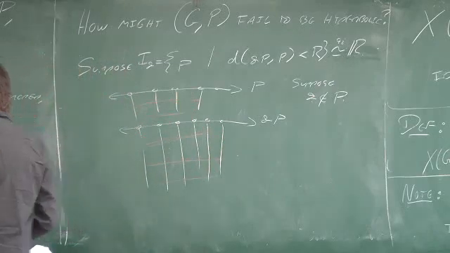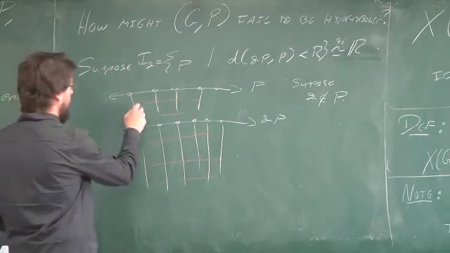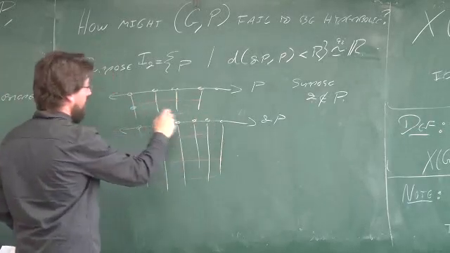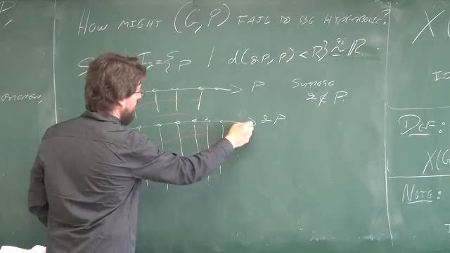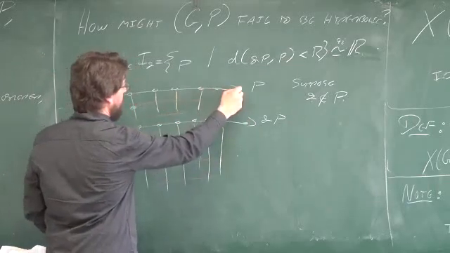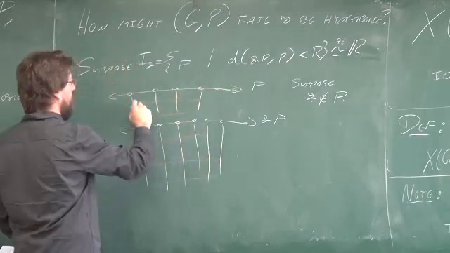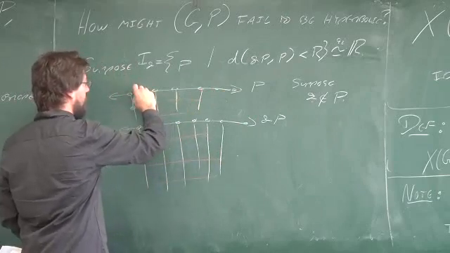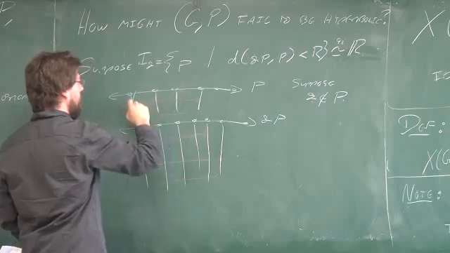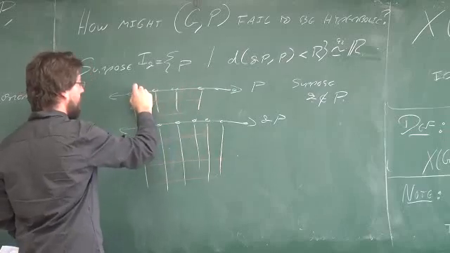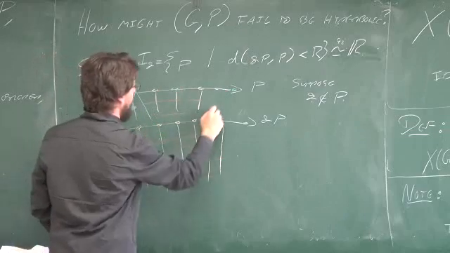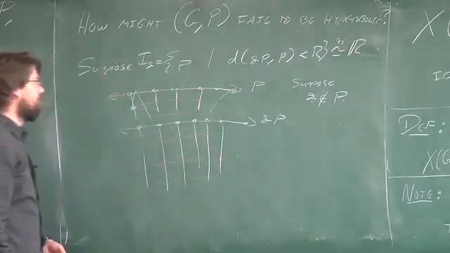If I think about a geodesic from this point to a point that's very, very far along here, and another point that's very, very far along here, the geodesic from here to here is going to go over to P, way down deep into this horoball for P, and then back up, right?